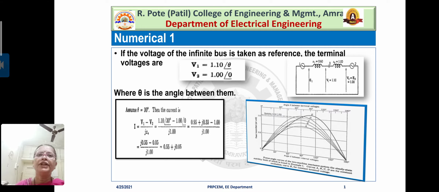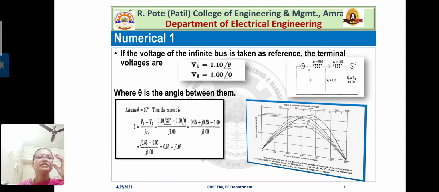So if the voltage of the infinite bus is taken as a reference, the terminal voltages are V1 equal to 1.10 at an angle theta, and V2 is 1 at angle 0. See the uppermost diagram on the right hand side. V1 is 1.10 at an angle theta, and V2, which is obviously equal to E2 in this case, is given as 1 at an angle 0.